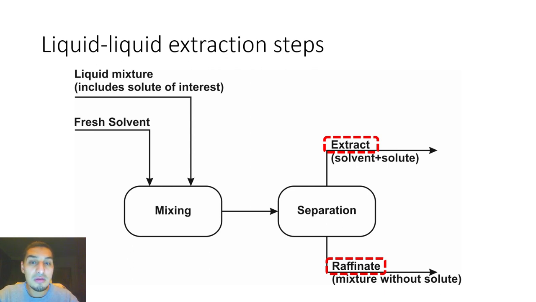One other important parameter is that the solvent needs to be not expensive. Expensive solvents are not good to use because you'll pay a lot of money to get this solvent, and of course you will have some losses in each run, and even after you separate these two from each other, you will need to recover the solvent, and then you need to do some makeup to compensate that loss.